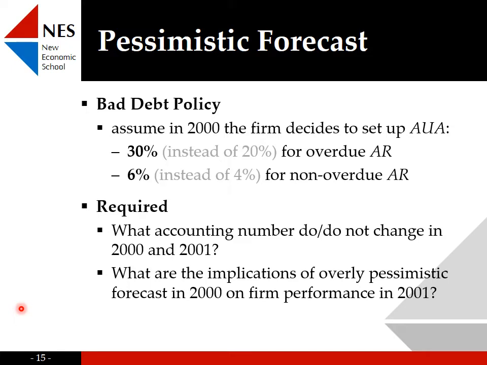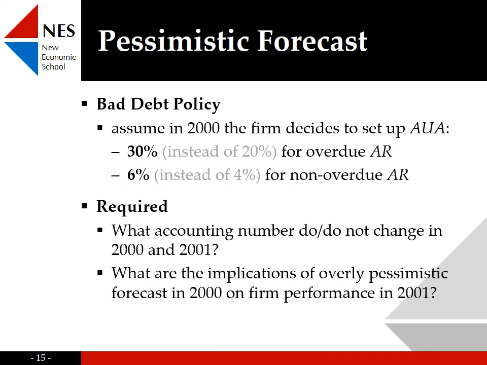When it comes to the second question that addresses the impact of this change on the firm performance, then what will matter is whether the conservatism or the pessimism about collectibility of receivables will persist between 2000 and 2001, or if the company learns about higher collectibility of receivables in 2001 and actually adjusts the policy.